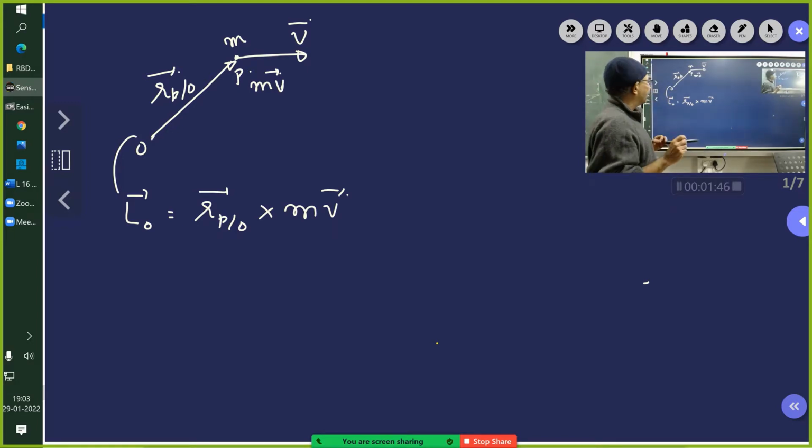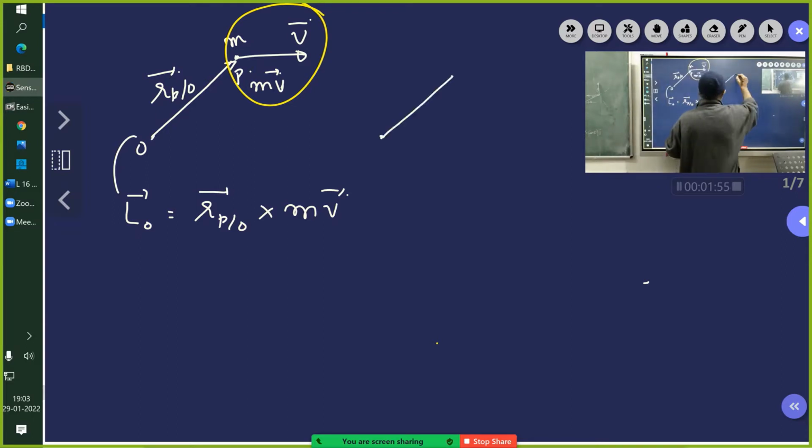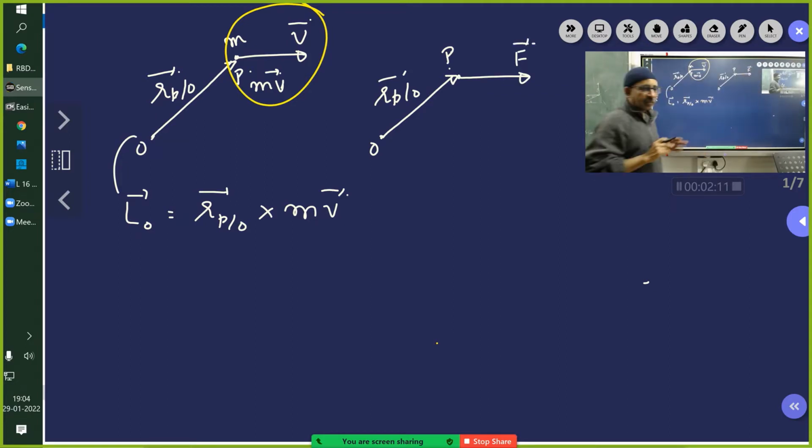Now what we will do is replace this vector by another vector. This is still r_PO bar with respect to O, and at this point P I will replace it by a force vector.